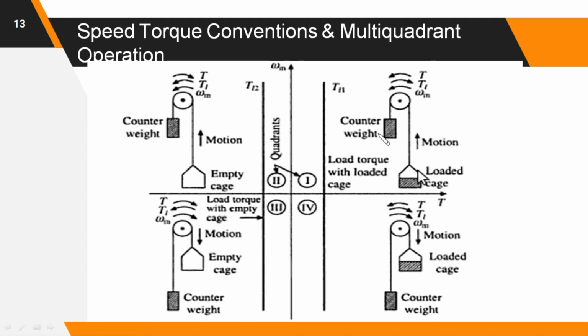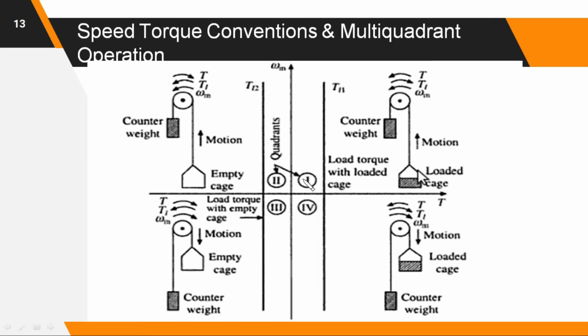Of course, we have assumed that if the fully loaded cage is there, then its weight is higher than the counterweight. This is a stationary position because of the gravitational force, the loaded cage or the lift is at the ground level. So the motor has to work to lift the loaded cage towards the upward direction, correct?